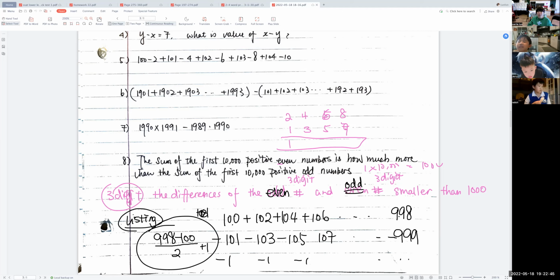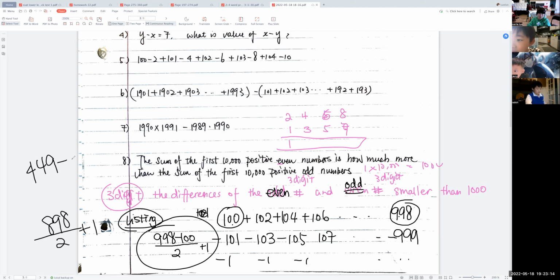Oh my god, you've given everything back to the teacher. Hey, Jerry, remember how to calculate the number of terms in a series. It's the last number minus the first number, divided by the differences, plus one. That's the formula, right? So that's why it's 898 divided by 2 plus 1. So the answer is 449 plus 1 equals 450. So the answer is negative 450.